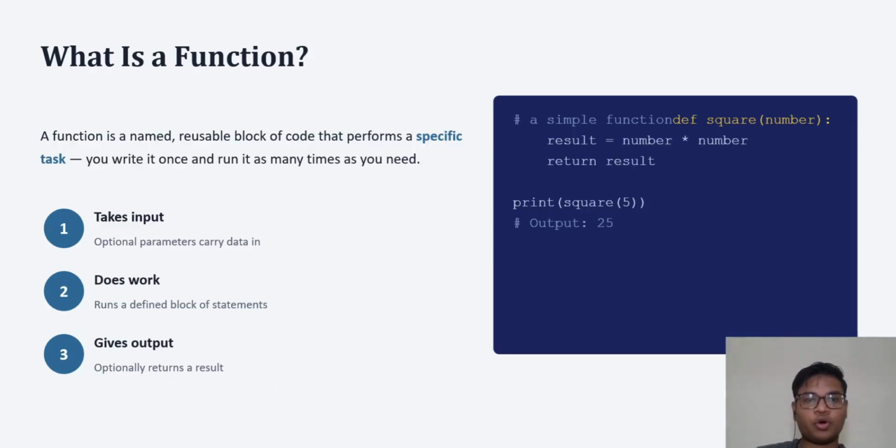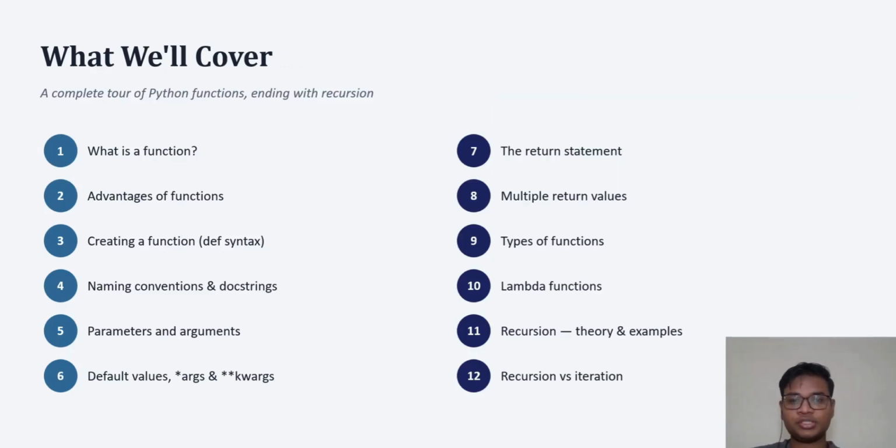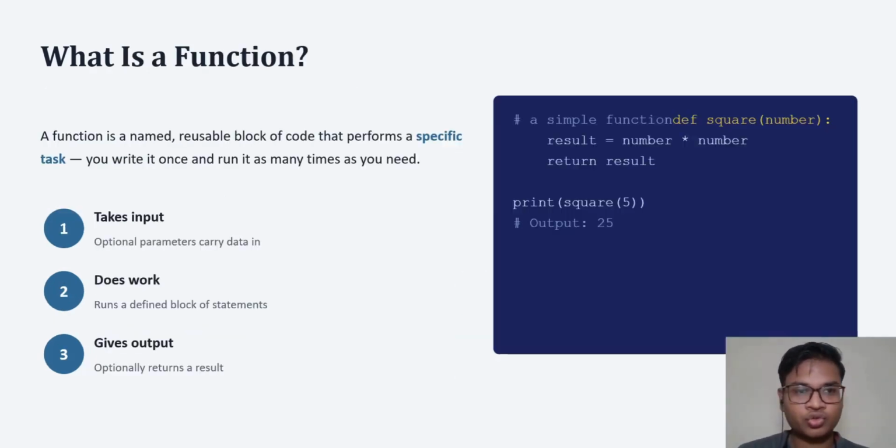So this is the total agenda of our lecture today. Let's talk about them one by one. The first topic is what is a function. A function is a named reusable block of code that performs a specific task.